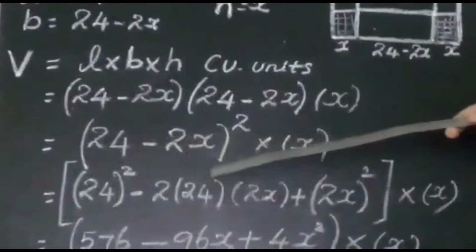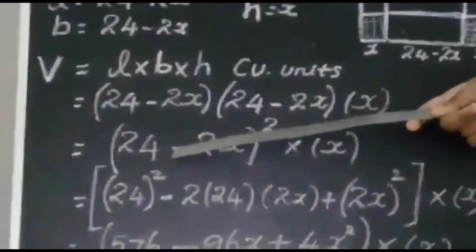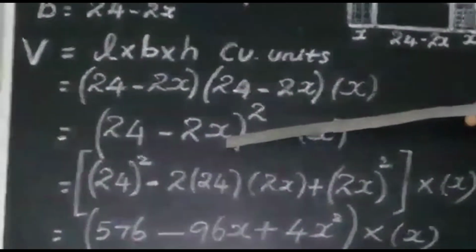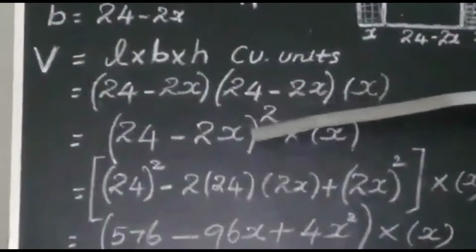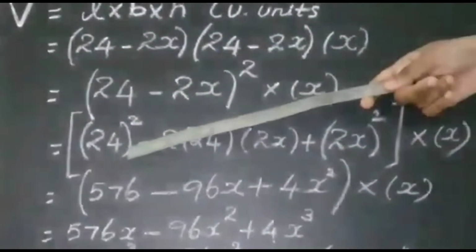So this is the format of a minus b the whole square. Here what is the a value? a equal to 24, b equal to 2x. What is the formula for a minus b the whole square? a square minus 2ab plus b square. What is a here? 24.